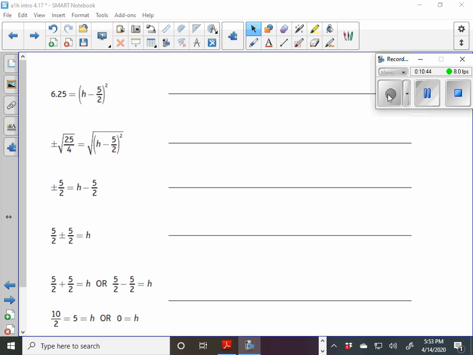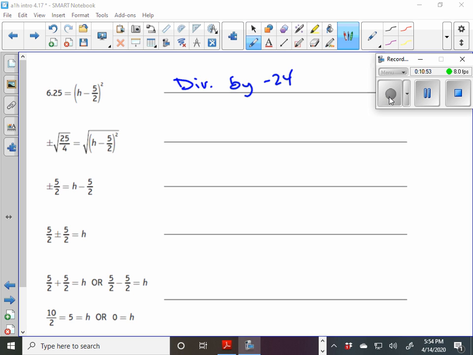And that has isolated the parentheses. So take the square root of both sides, and when you take the square root, don't forget you got to end up with plus or minus.